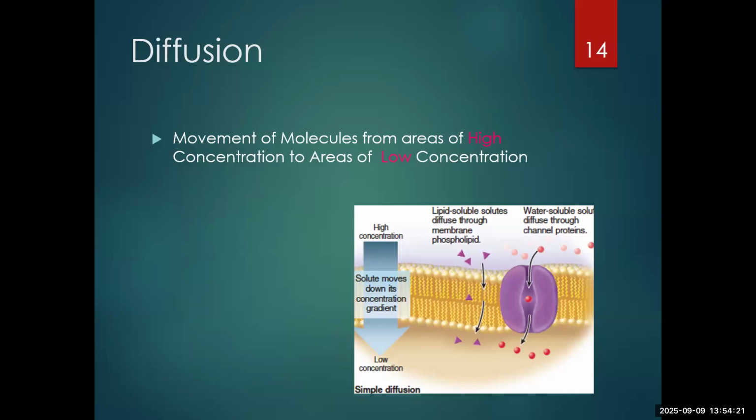This happens outside our body too. This is not just confined to biological processes. If you take a bottle of perfume and squirt it, the molecules will diffuse from areas where it's highly concentrated to areas where it's less concentrated.